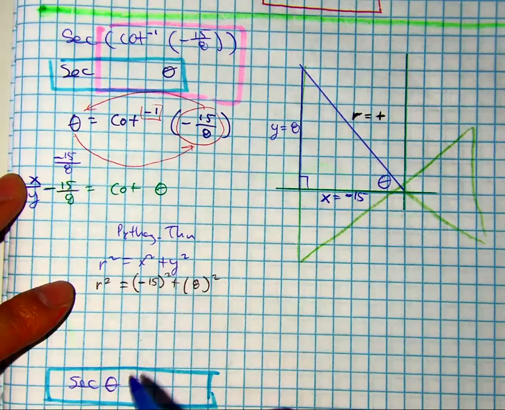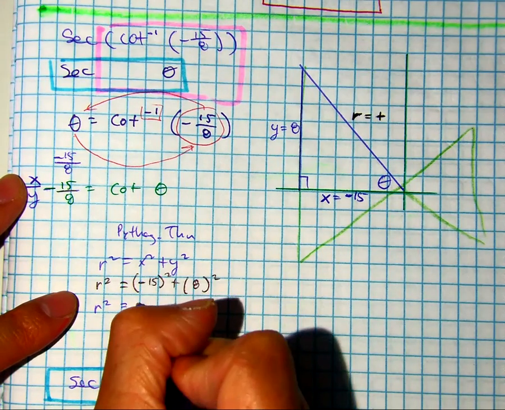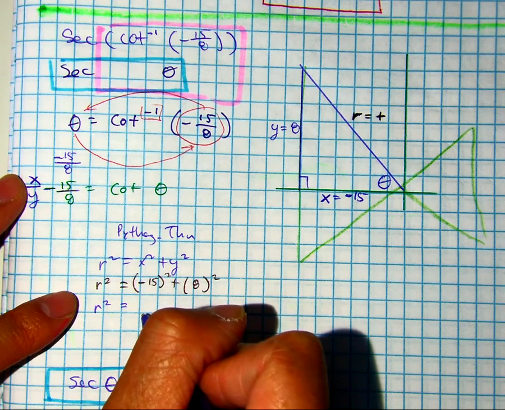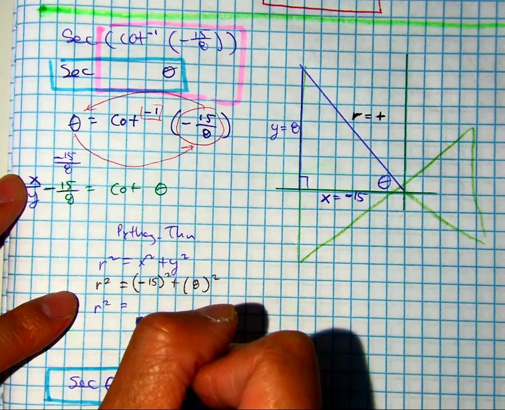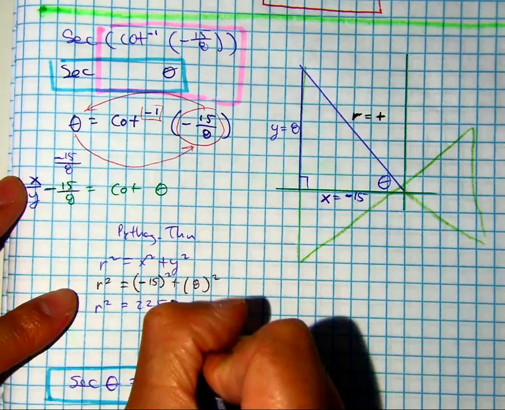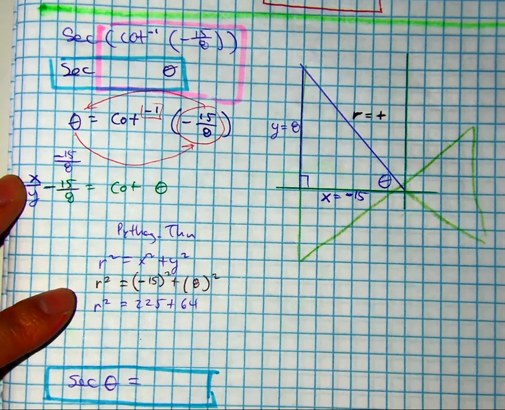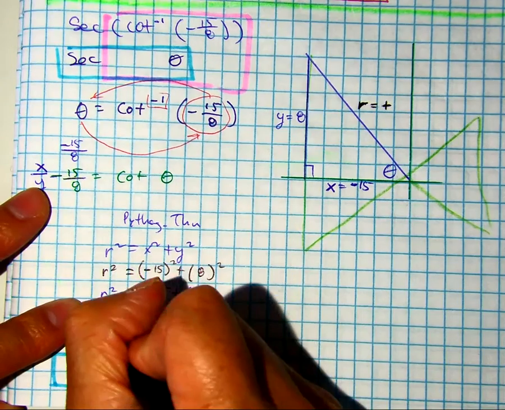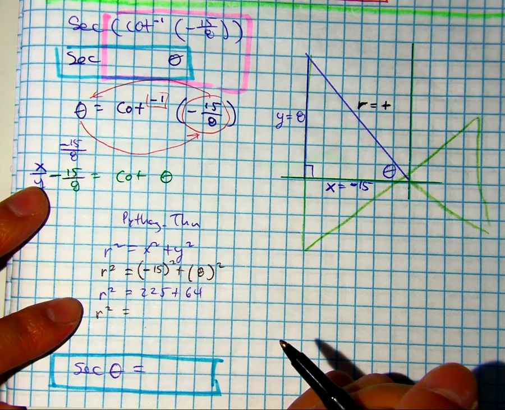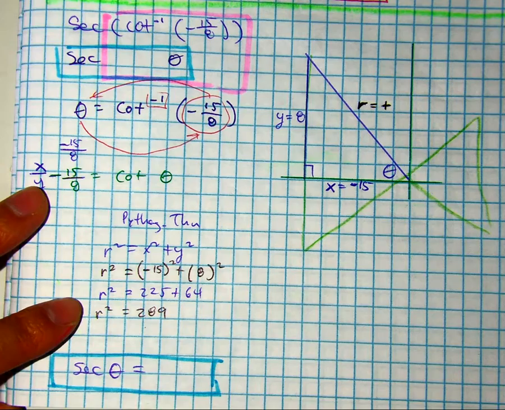Class, negative 15 squared? How much? Someone's alive. 8 squared? Add those together. Take the square root of both sides.